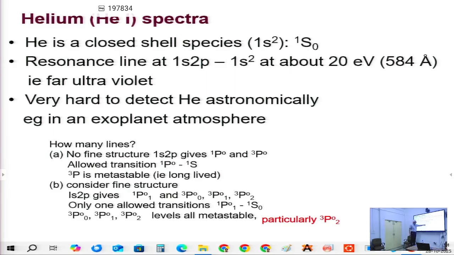So you get singlet P odd or triplet P odd, and they're odd because if you sum the angular momentum, you've got 0 for one electron and 1 for the other, so the sum is 1, and minus 1 to the 1 is odd. So this is an allowed transition. If you go back and look at your selection rules, it obeys every single one of them. There's a strong allowed transition, and that's the resonance line I'm talking about here. But of course, you get triplet P.